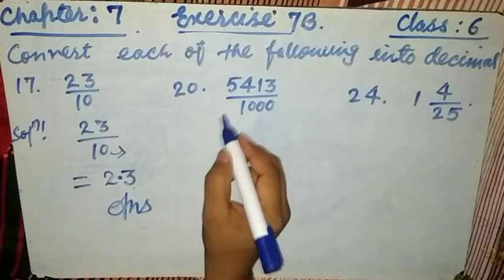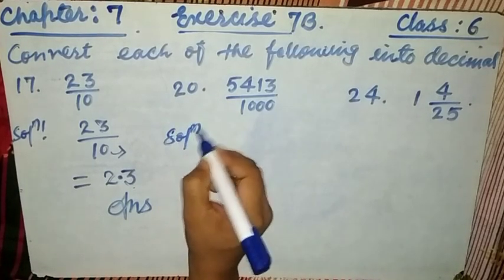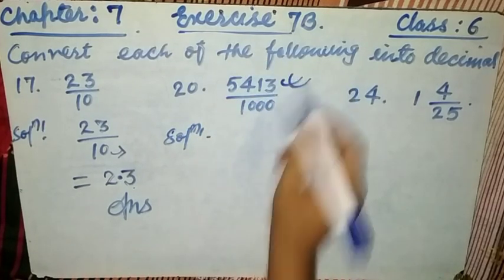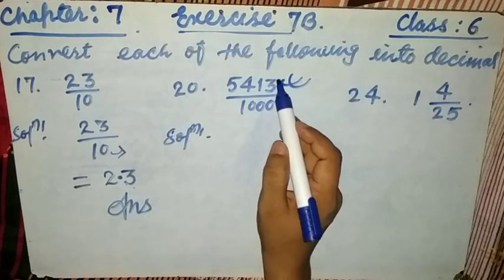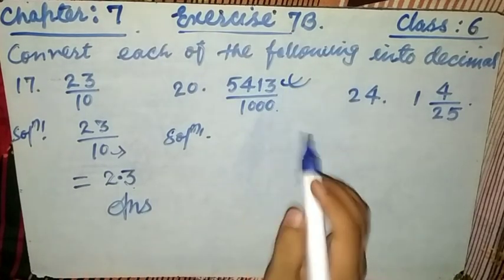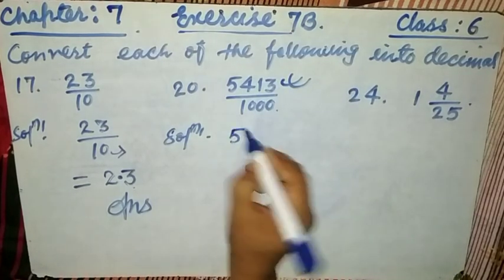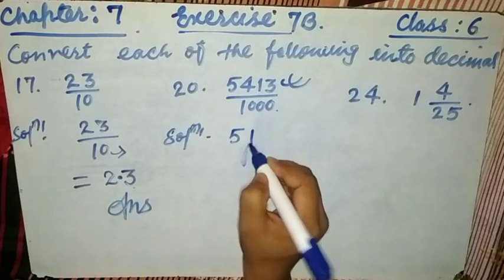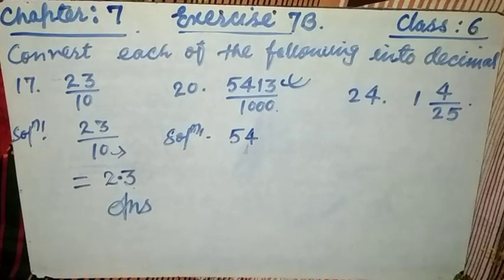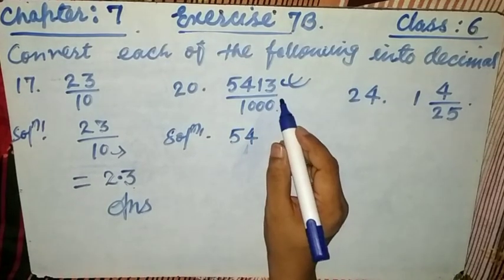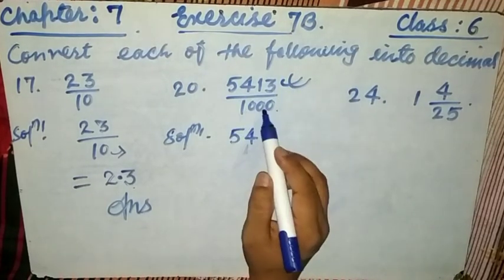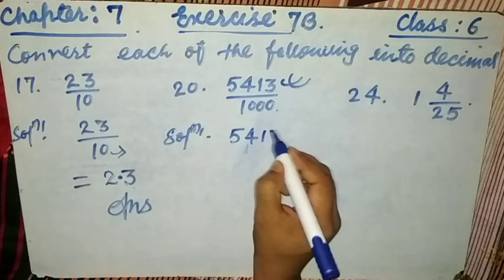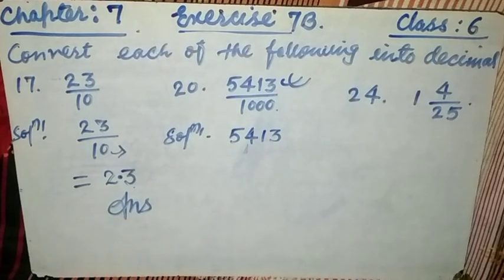Now next, question 20. First of all, write the decimal. This is the numerator, this is the denominator. Write the numerator, whatever the numerator is, and you are going to do the same for the decimal fraction, because this is also a decimal fraction. Why? Having denominator 1000, write the numerators 5401, 430, 13.